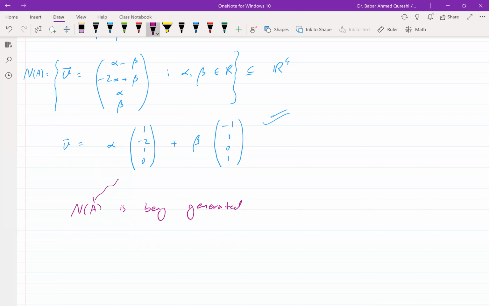Generated, well, the correct word is spanned. People call it spanned. Two fixed vectors. It's a full space, but all you need is these two vectors and then all linear combinations of them. Multiply them with arbitrary numbers, alpha and beta completely arbitrary, and consider all the linear combinations. The space which you make up is your null space.